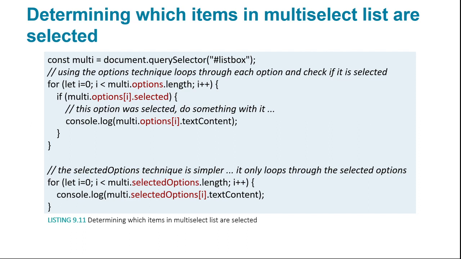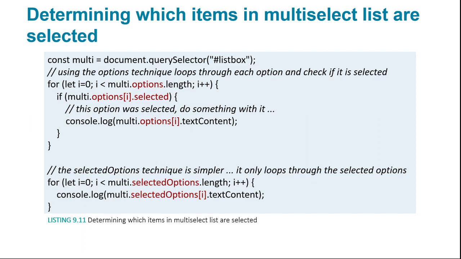You're still going to use values, but with multi-selects you have to use options first. And so it's going through a for loop where it's saying, for all of the length of the number of options within this thing with the ID of list box, do this thing. So, let i equal 0, we're setting up our iterator.